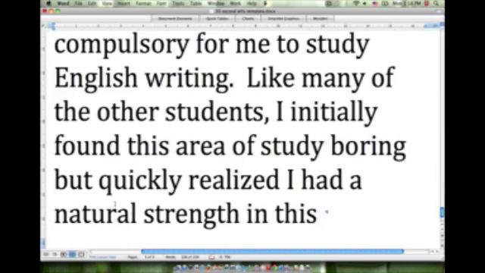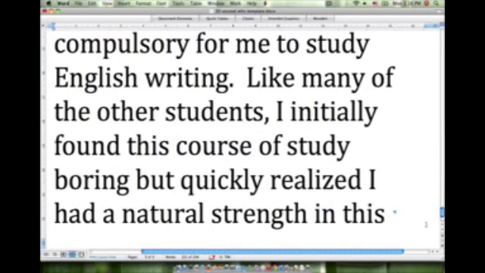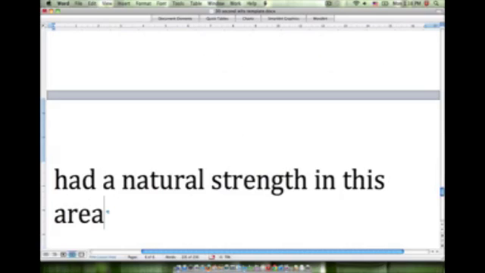I used area once before. Let me just change very quickly. I initially found this, let's say, course of study, and just put the area in here. Strength in this area. Okay.